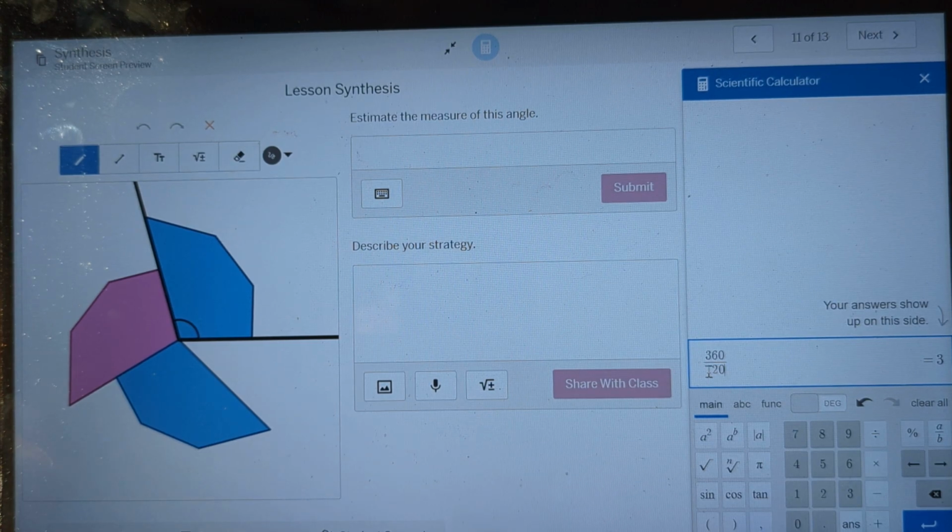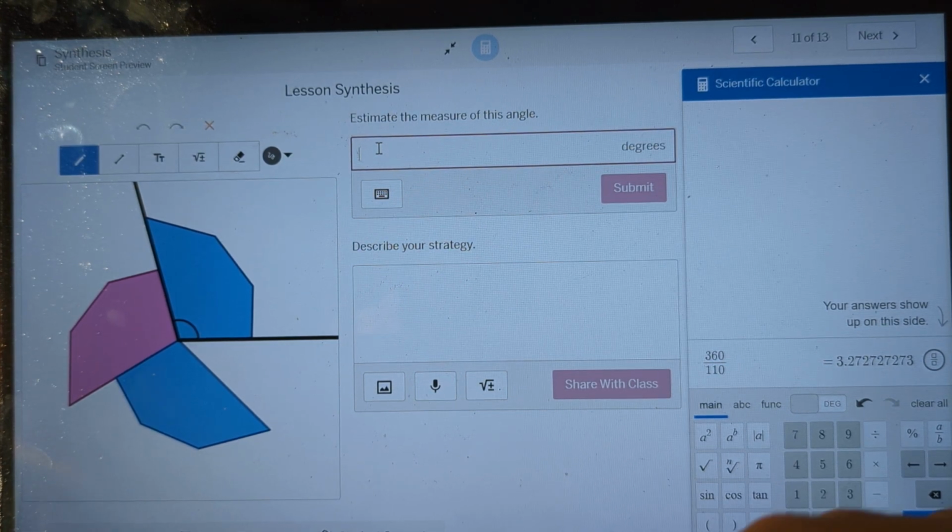But that would give us everything, so it can't be 120. But it can be 110. Why do we know it's 110? Because 3.2, and there's a gap right there. That gap tells us that it's not all the way around on the pinwheel. So if we know that gap's not all the way around on the pinwheel, that means 3.27 is what we got. So the answer is 110.